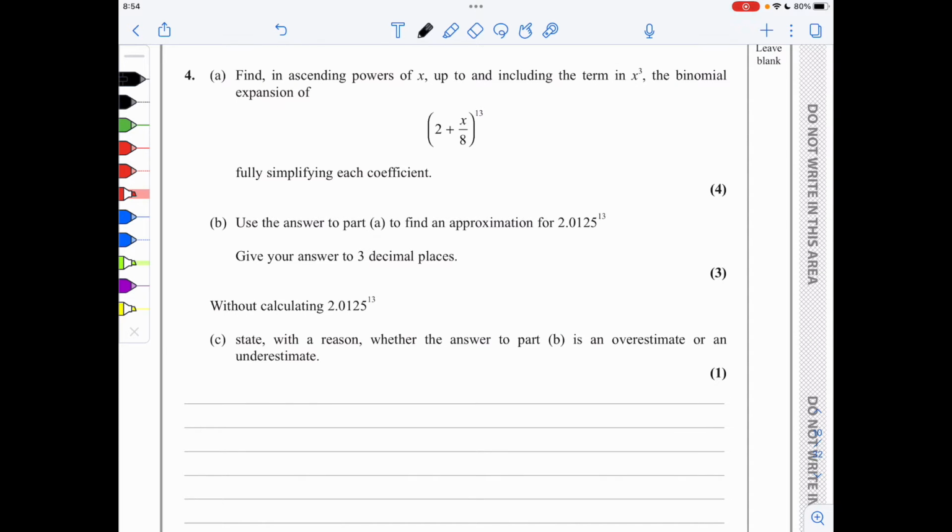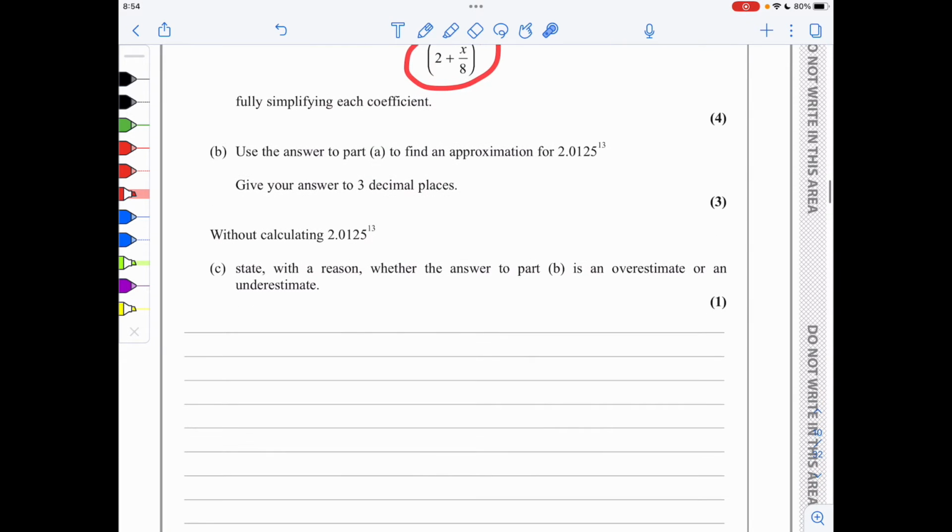Question 4 is a binomial expansion. We have to find in ascending powers of x up to the x cubed term the binomial expansion of 2 plus x over 8 to the power of 13.